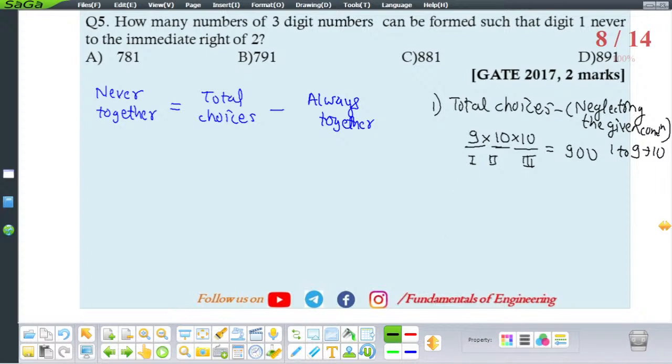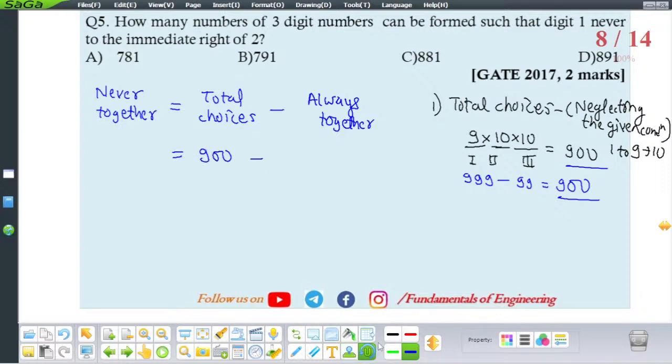In a second way also we can get that: the highest 3 digit number is 999. From that, the number of 1 and 2 digit numbers is 99. So if you deduct that, you are getting 900. This is the shortcut trick, and the other is the concept we know. Now these are the total choices we got. How much total choices? 900.